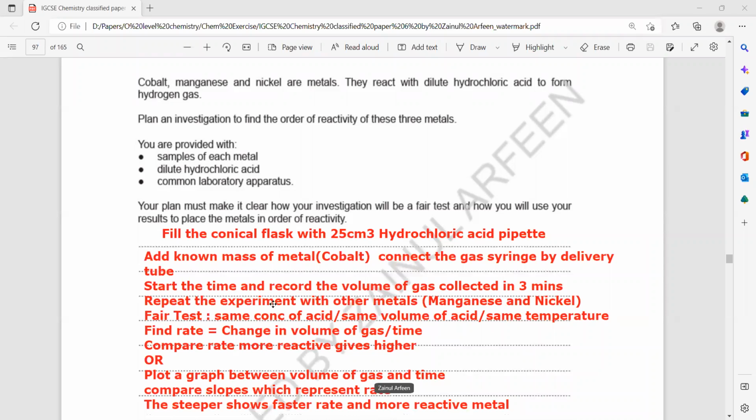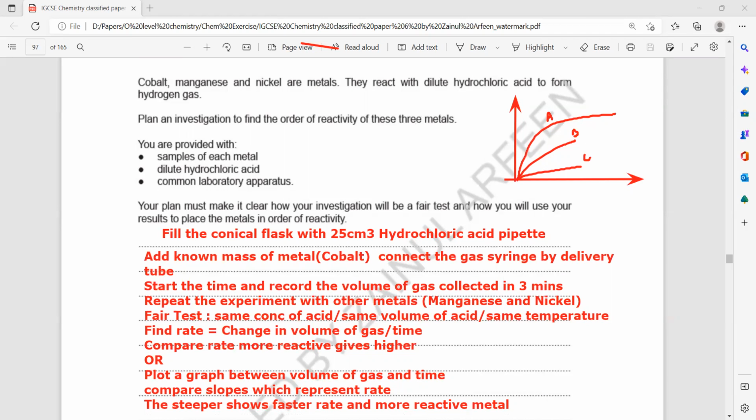So this is how it can be done. We can sketch a graph here to elaborate, but don't label it by reactivity because you don't know which is more reactive and which is less. You just label the 3 different metals and compare their slopes in 3 minutes. The one which is steeper is faster.